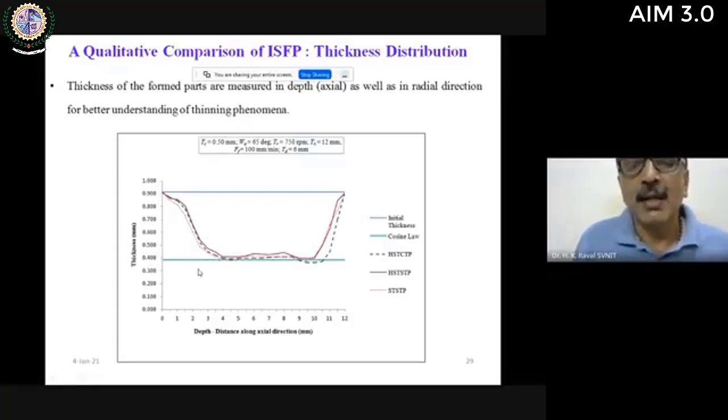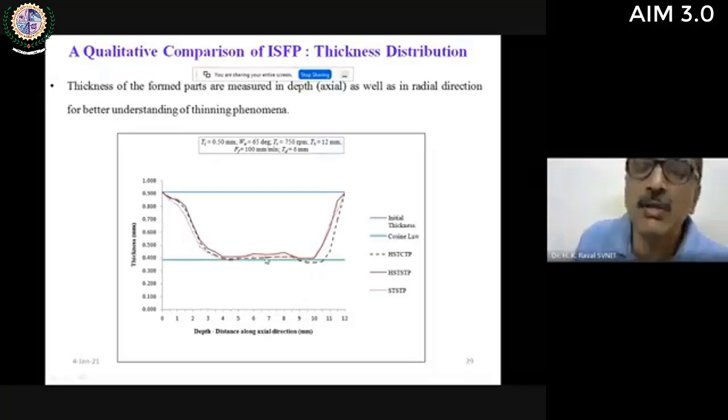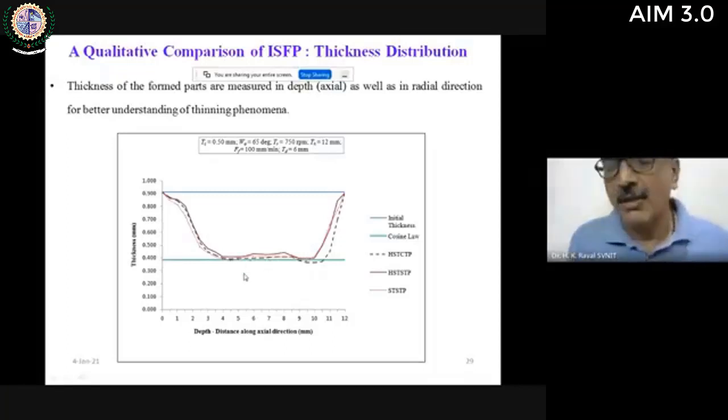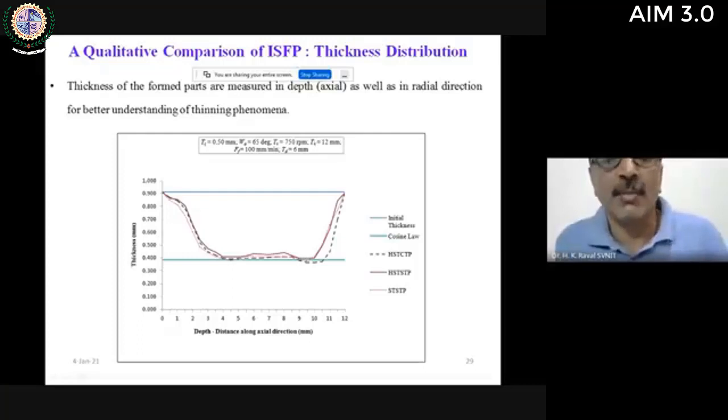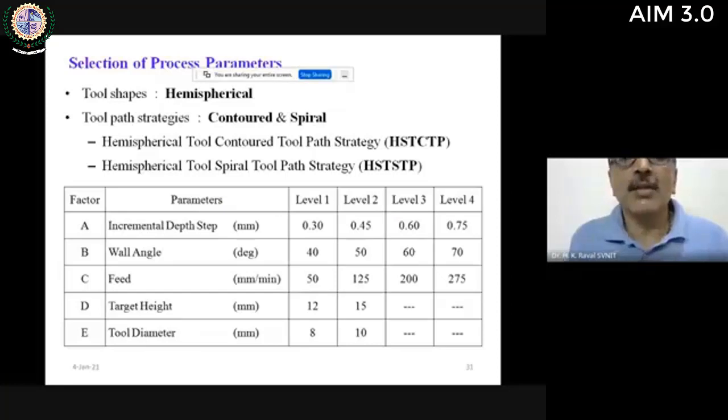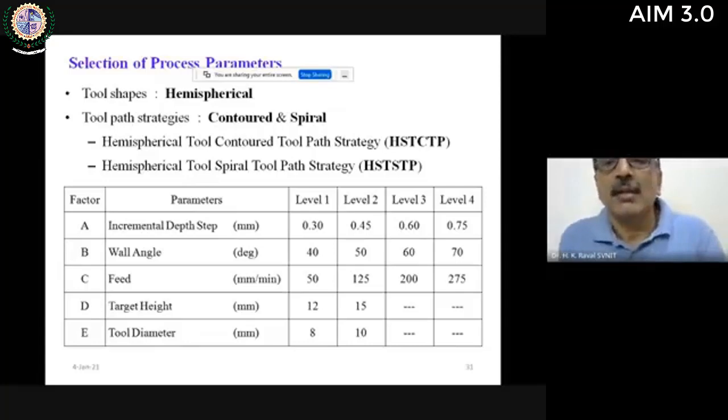This green line indicates the sine law, based on which you can also find the thickness, assuming it is constant. Actually, it does not remain constant. We shall see that in some other discussions as well. So this is the thinning analysis, and then we decided to carry out further investigations.